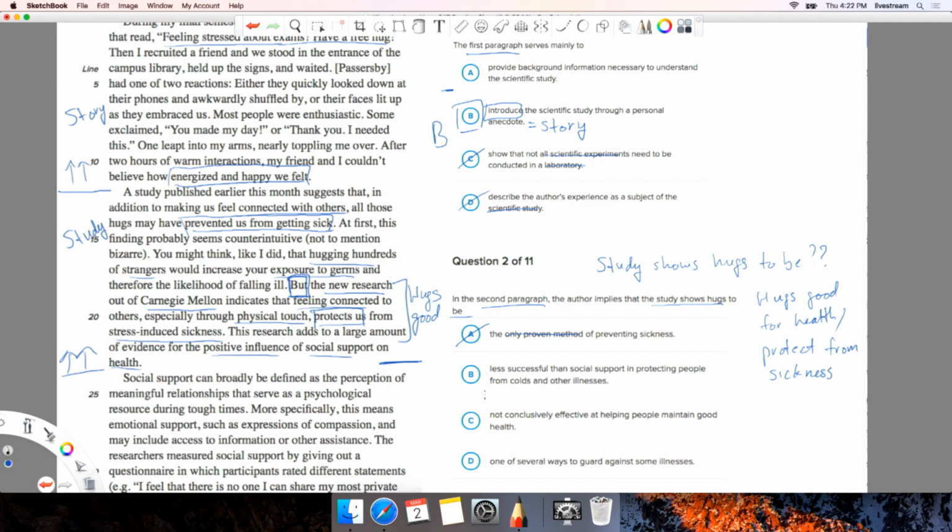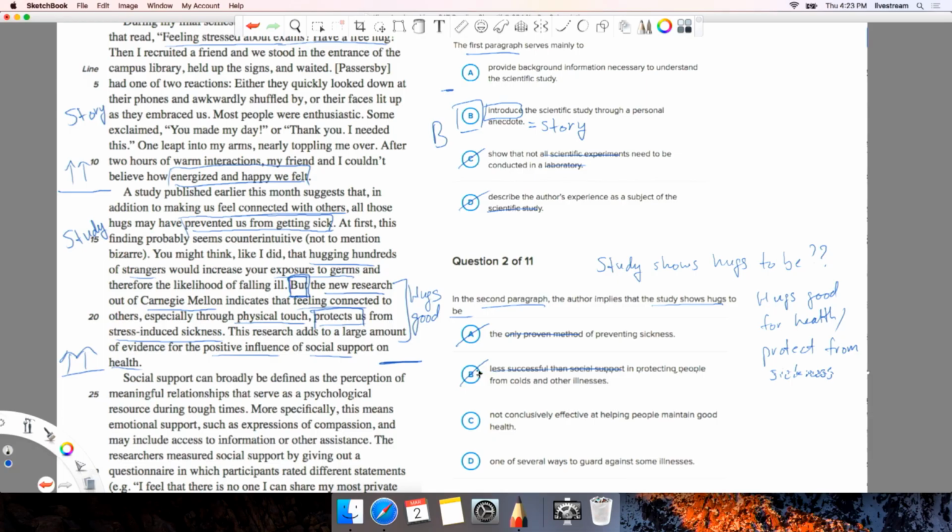So let's keep going. B: less successful than social support in protecting people from colds and other illnesses. So in this case, they're making an interesting comparison, and that's really not something that's mentioned in the second paragraph, and again, doesn't match my prediction. There's no comparison being made in that paragraph, so we can go ahead and cross that out.